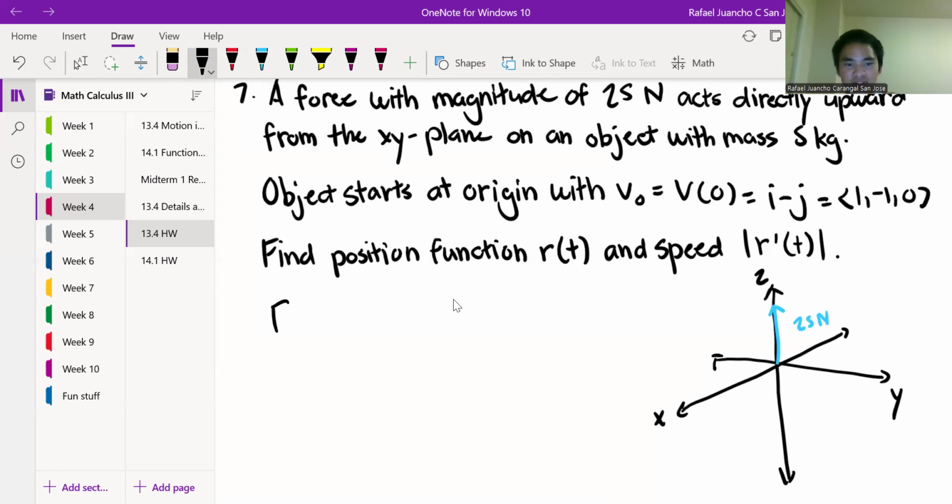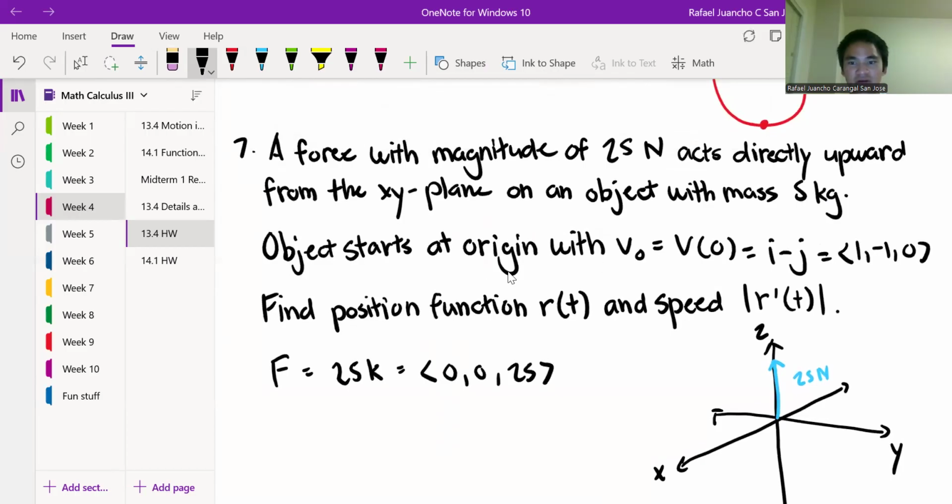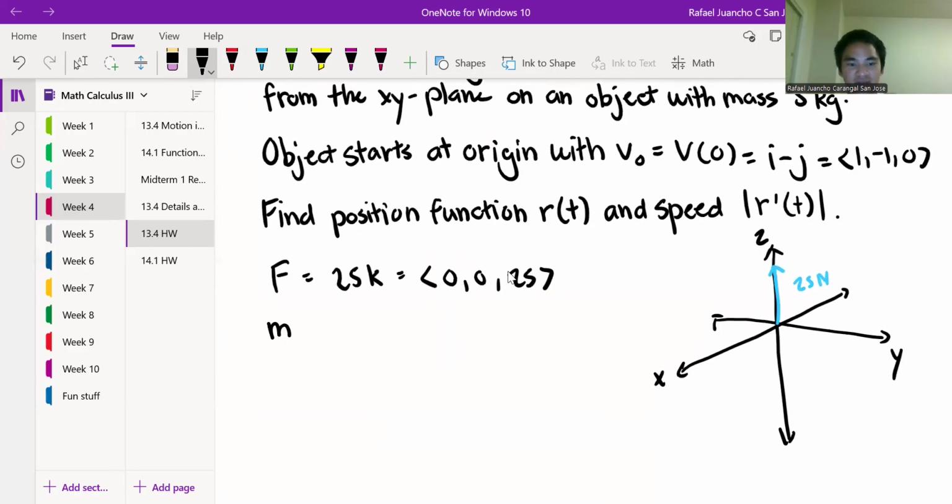And so this force vector is actually 25k, because it's acting upward from the xy plane. And what else can we say? The object has a mass of 5 kilograms.